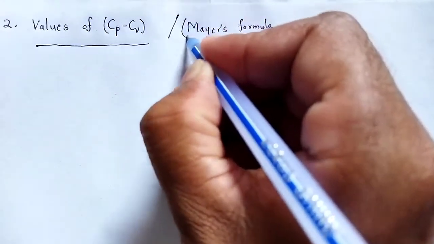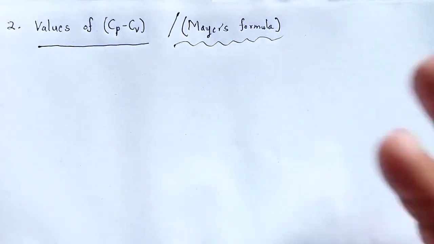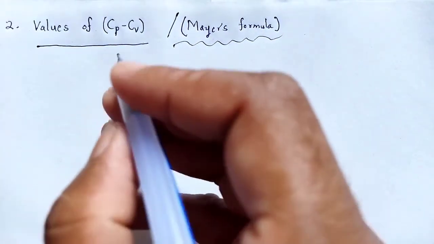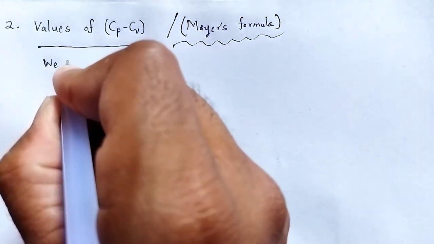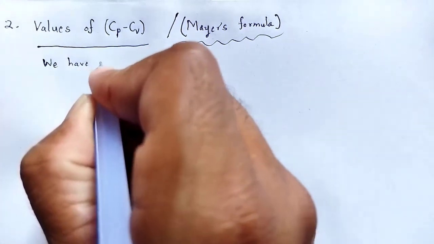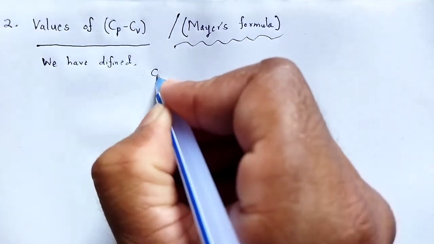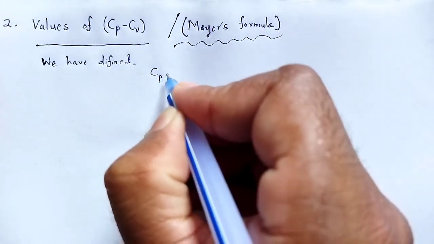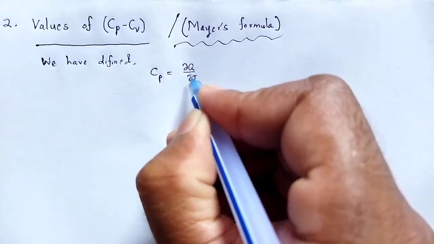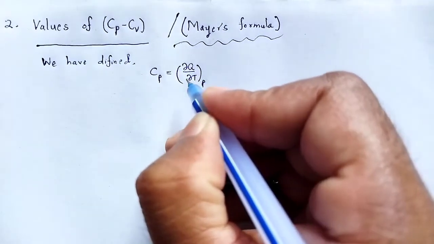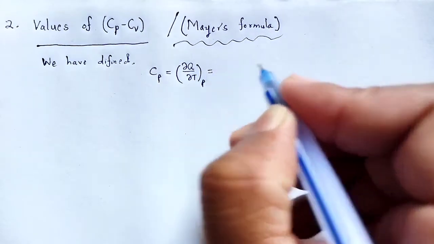Now we calculate Mayer's formula by using Maxwell's thermodynamic relations. So here we have defined Cp, that is specific heat at constant pressure, as del Q by del T at constant pressure. In place of dQ, I write TdS.